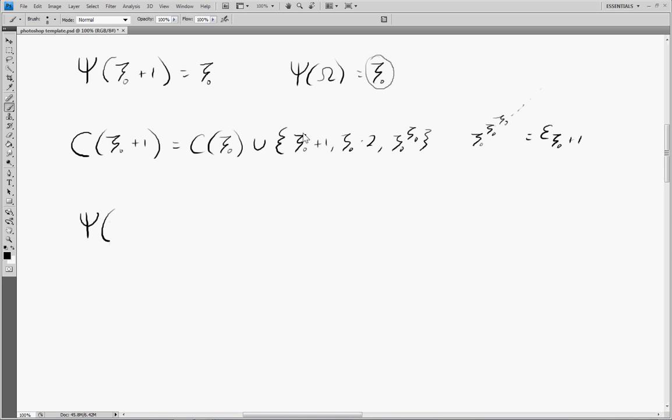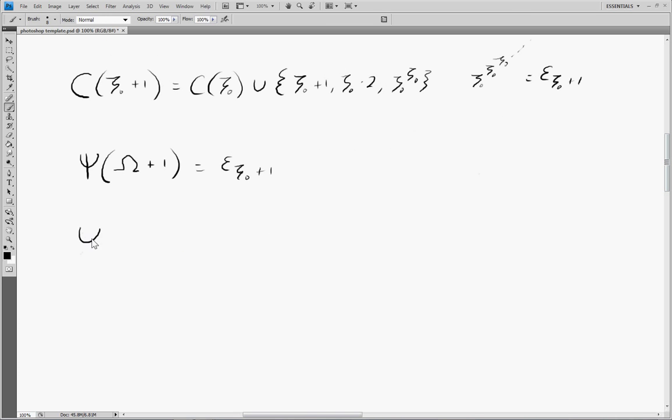So this inaccessible point is defined by our next psi function, which in this case would be 1 plus this. So we have capital omega plus 1 is equal to this first epsilon number after zeta naught. There we go. So now we can move on to psi capital omega plus 2.